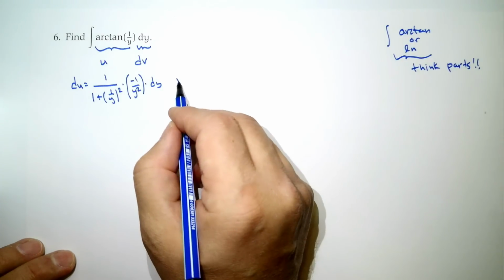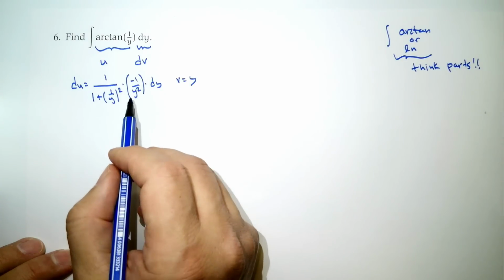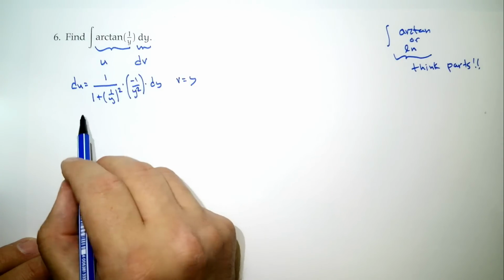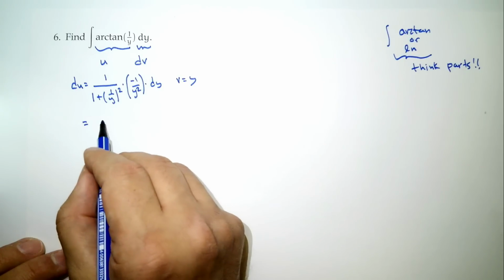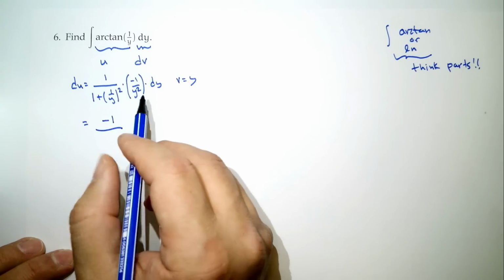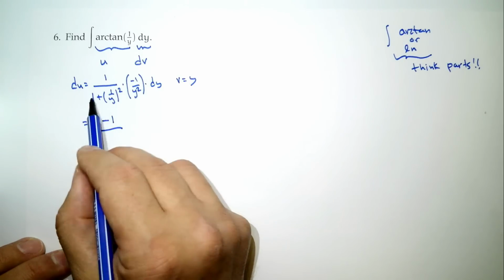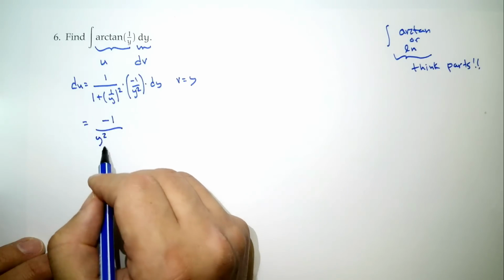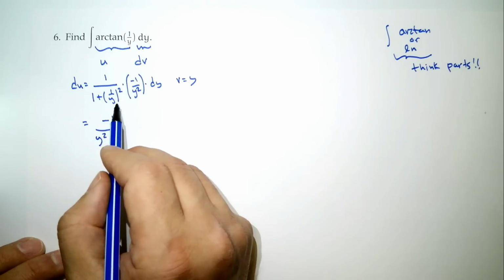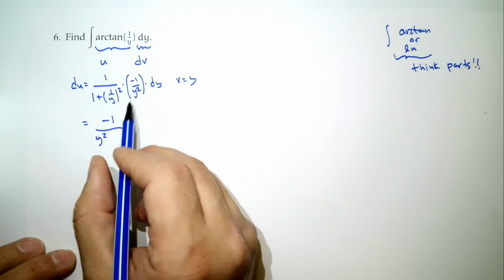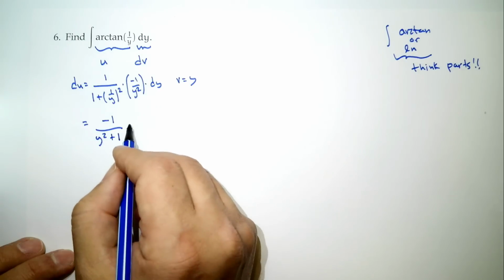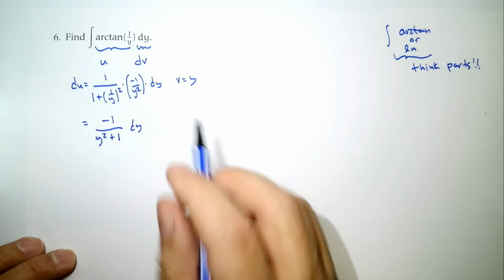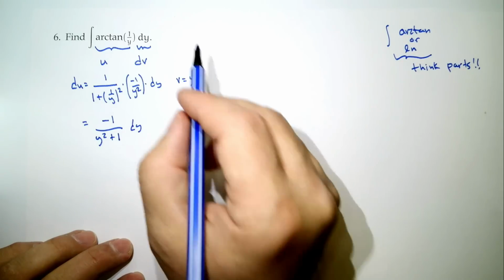And then, of course, v would be y. Now you can clean up the du, because this would become -1 on the top. Then think about multiplying the y squared in. You get y squared times 1, which is y squared, and 1 over y quantity squared times y squared becomes 1.